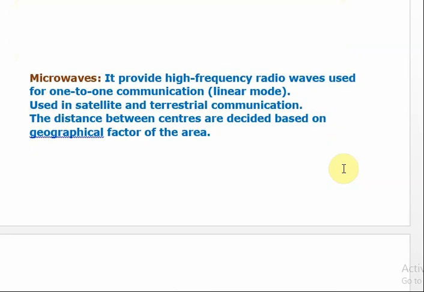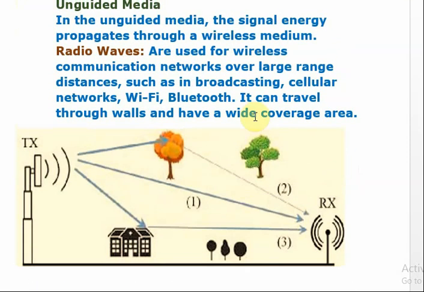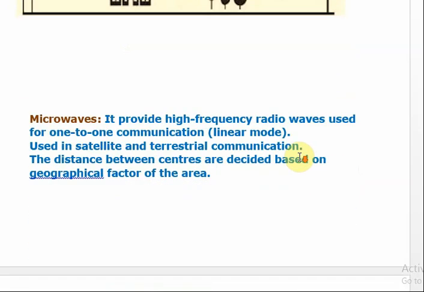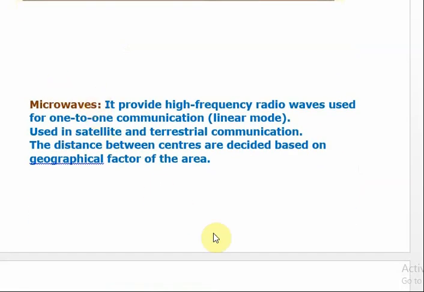Then microwaves, which are high frequency radio waves, right? The only difference between radio waves and microwaves is the frequency. Now here it is one-to-one communication, in a linear mode.